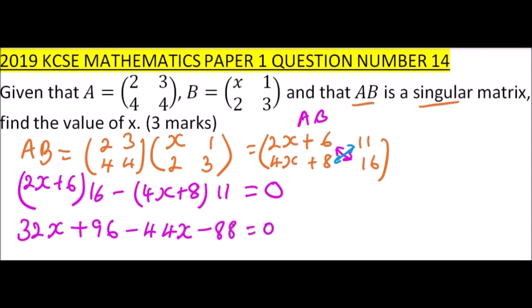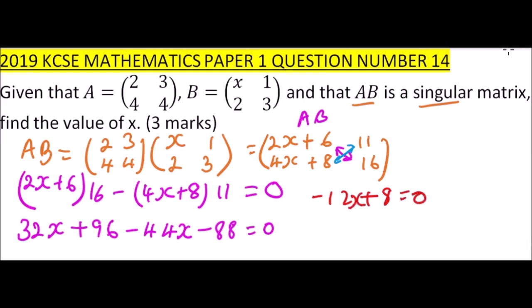So put the like terms together, then you should get 32x minus 44x, that will give you minus 12x, then 96 plus minus 88, that should give you 8. So this is plus 8 is equal to 0.